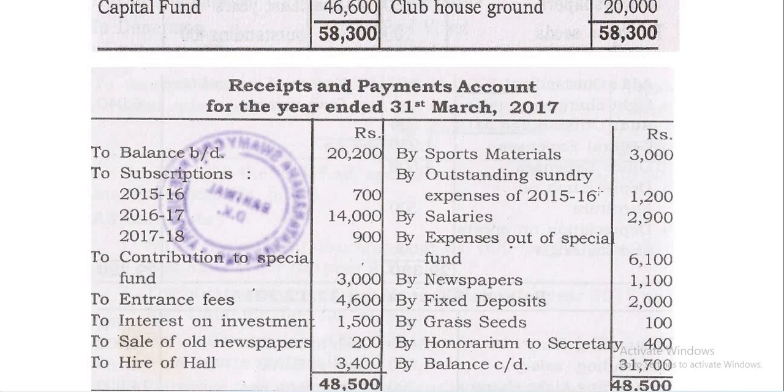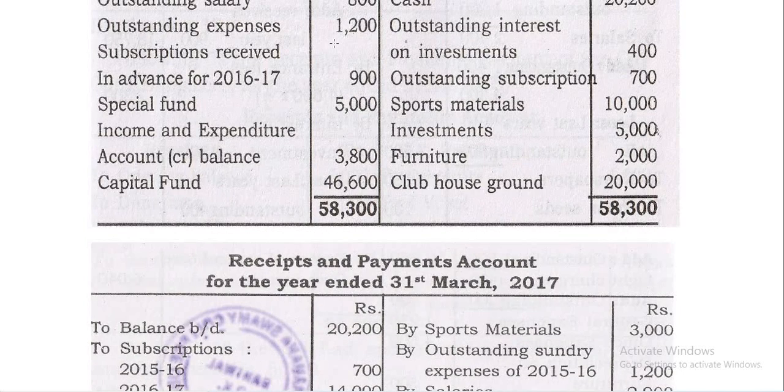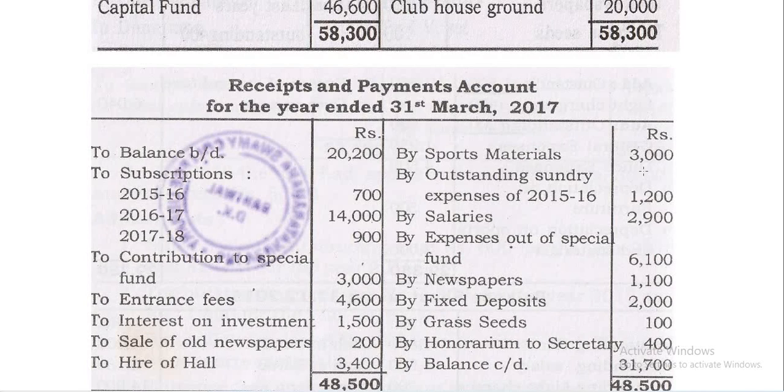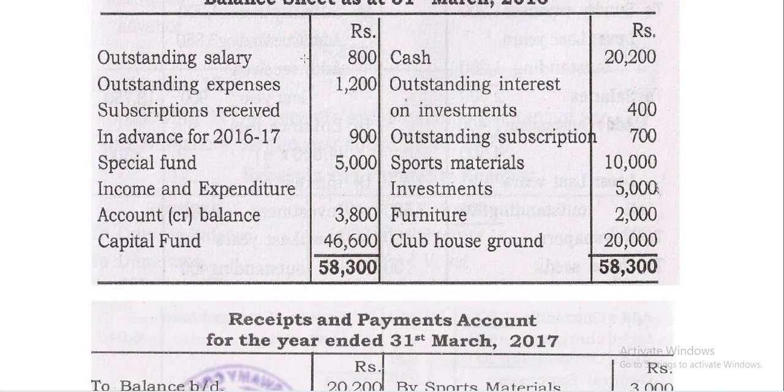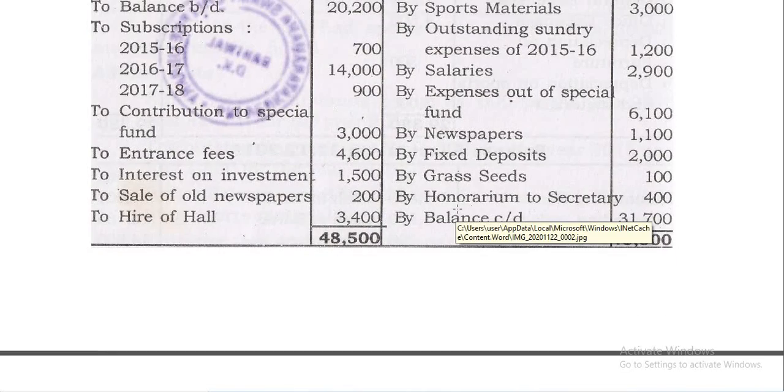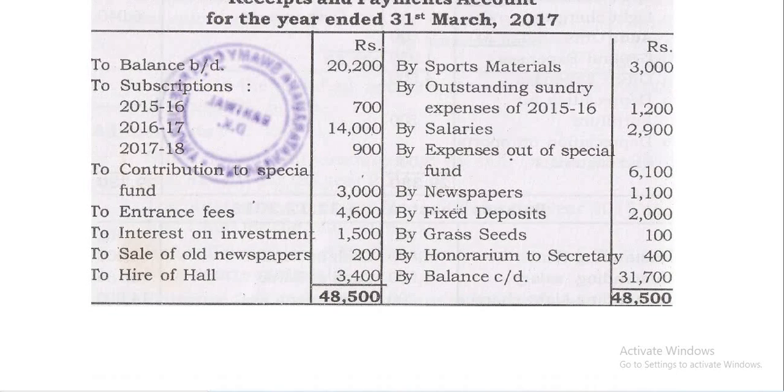Therefore, salaries paid here, 2,900, includes, we have to assume, 800 paid for the last year's salary. That means 2,900 minus these 800, then add outstanding at the end of the year. So thereby you will get the value of salaries.